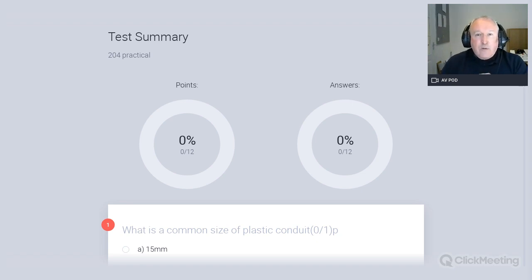Socket outlets are commonly wired in that size. Question number 5, the answer is A, 1.5 millimeter for the lighting points. Question number 6, the answer is C, it's a spur. Question number 7, PVC stands for polyvinyl chloride, so the answer would be D.